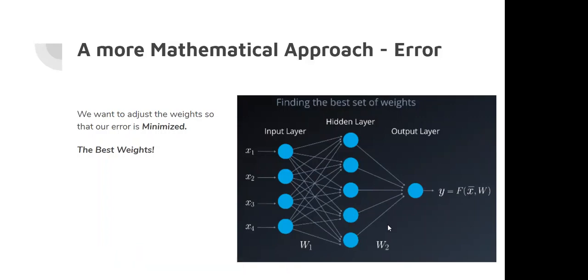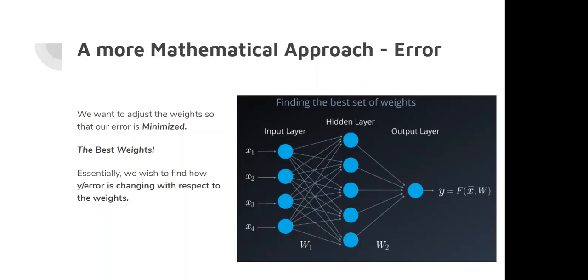We want to find the best weights so that our output Y bar is as close as possible to Y. To figure out the weights, we wish to find how the error is changing with respect to the weights. Mark my words, with respect to the weights.